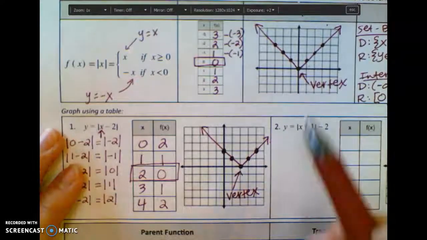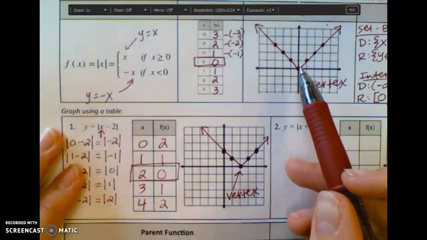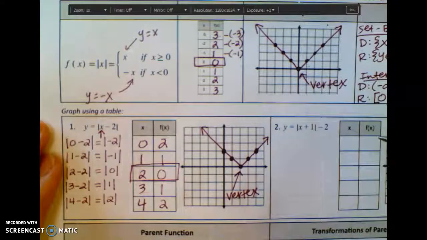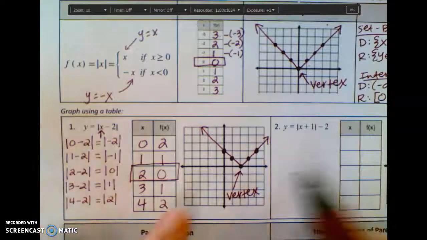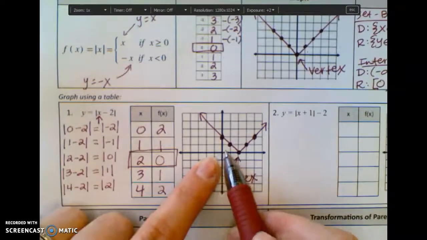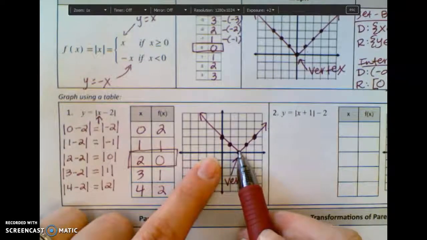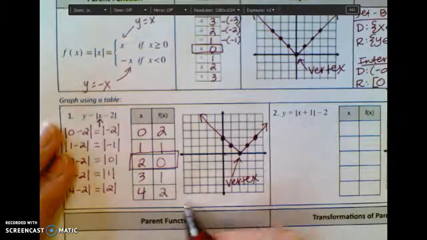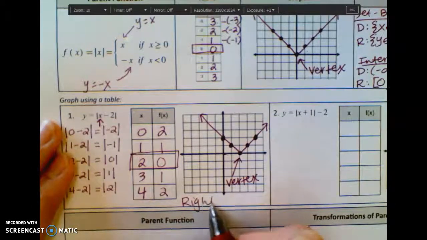So we graphed the parent function here, and again, this is the one we'll compare them all to. Notice where the vertex is, at 0, 0. Well, if our parent function usually has a vertex of 0, 0, what happened to get from the parent function to our new function? We went to the right 2 places. So we actually went right 2.